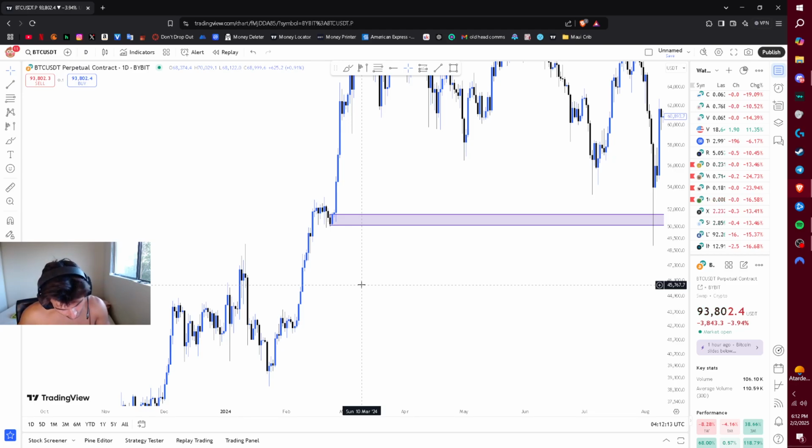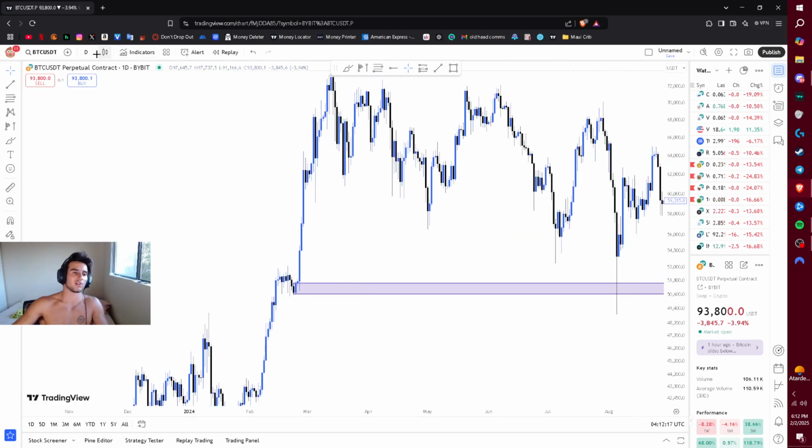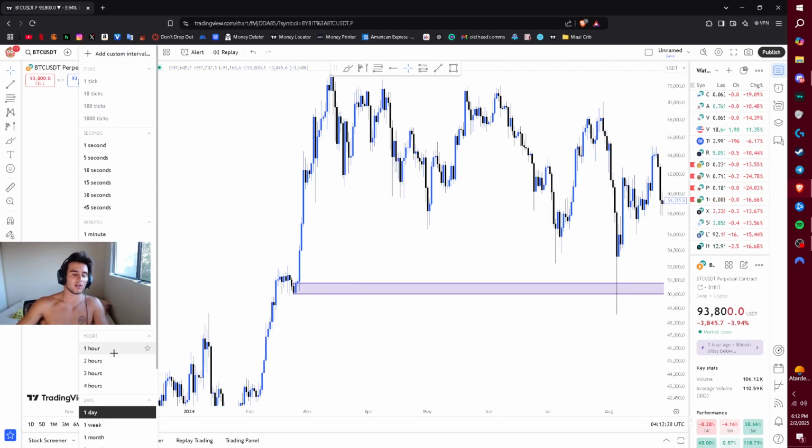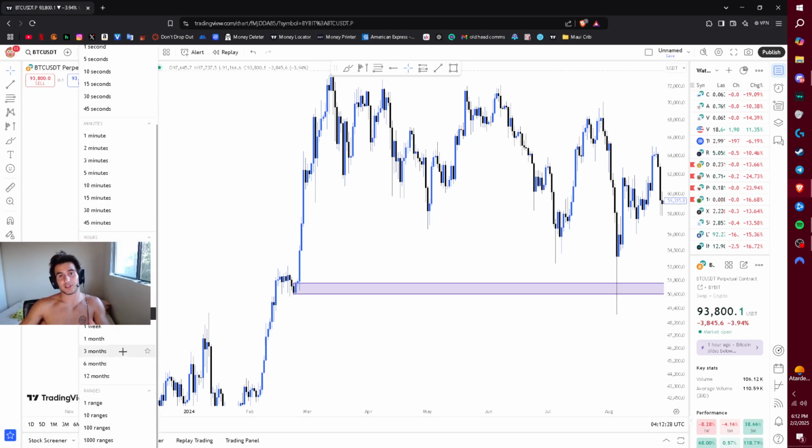And then a couple more: you want them to be on higher time frames. This is not a strategy that you would want to implement on the hourly time frame, on the minute, the 5 minute, the 15 minute. I would use this on the daily minimum, usually the weekly.